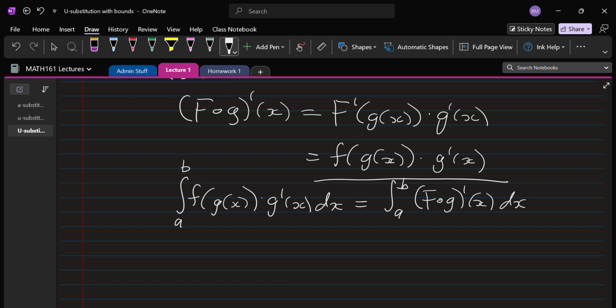dx. Now remember your fundamental theorem of calculus, parts 1 and 2. The integral of the derivative is just the function back. The derivative of the antiderivative is the function. The integral of the derivative is the function. It was that FTC that we went through. So this is just going to be the function without the derivative, so just F of g, evaluated at the bounds.